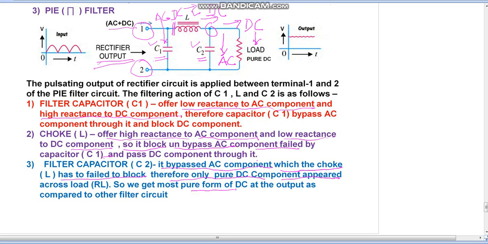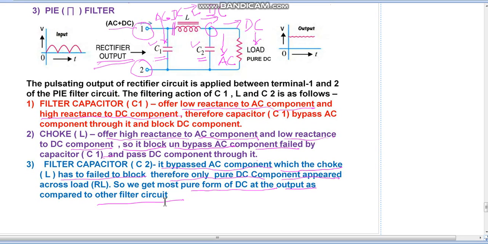So we get the most pure form of DC at the output as compared to the other filter circuits. So the pi filter circuit is a combination of two electrolytic capacitors C1 and C2 and inductor coil L. Capacitor C1 shows low reactance to the AC component and high reactance to the DC component. Therefore capacitor C1 bypasses the AC component and blocks the DC component.